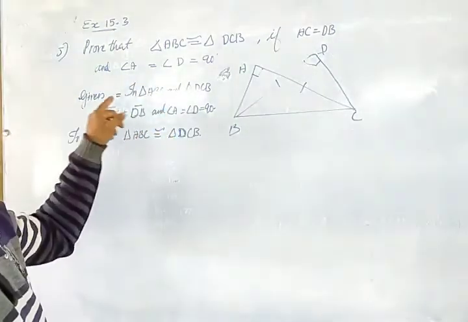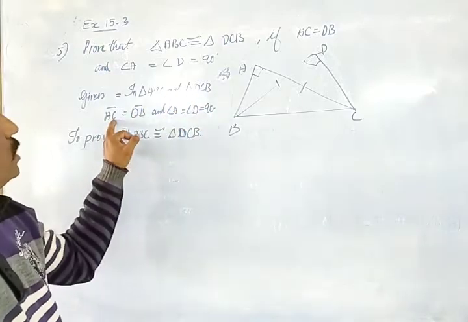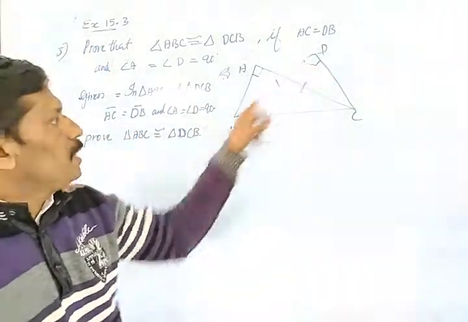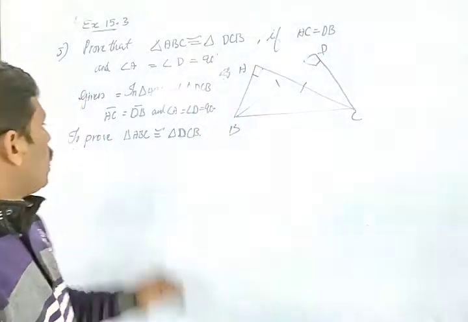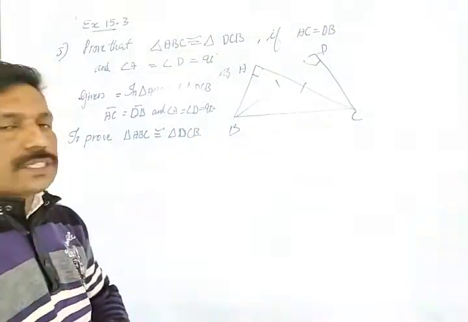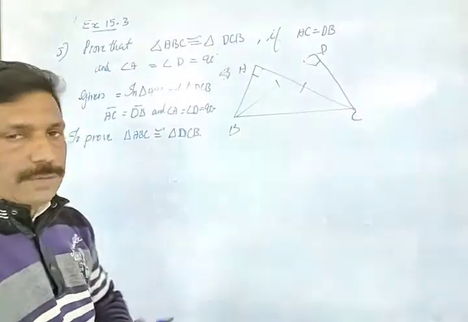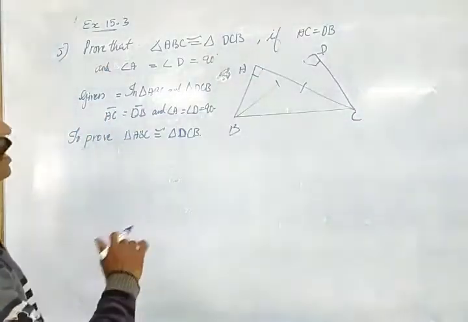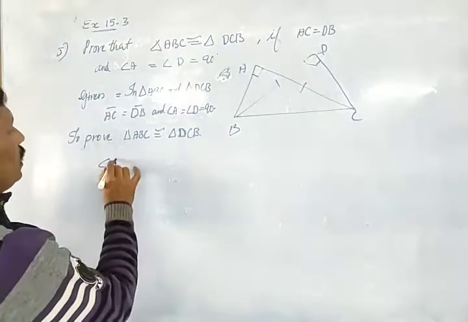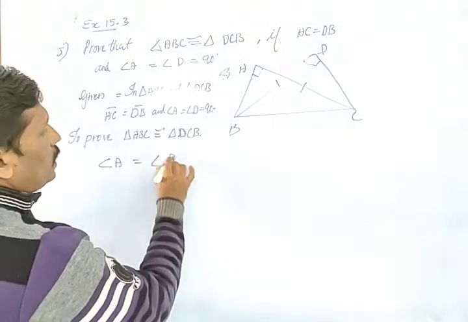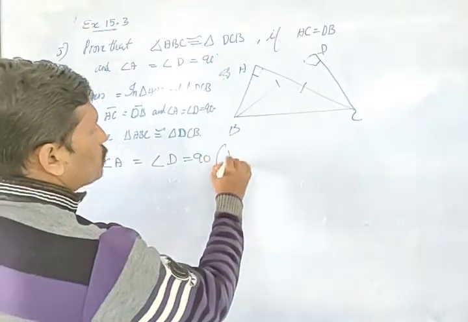So in triangle ABC and DCB, AC and DB are equal, and angle A and angle D are also equal. And we want to prove that triangle ABC is congruent to triangle DCB. In order to prove that, with the given conditions we write: angle A is equal to angle D, that is equal to 90 degrees, meaning right angle.